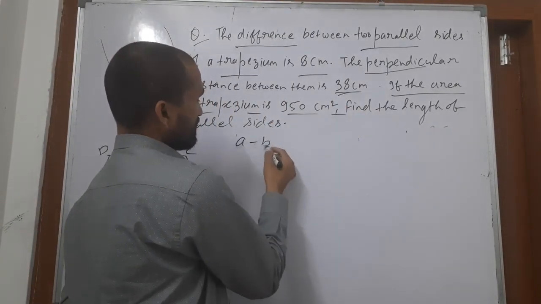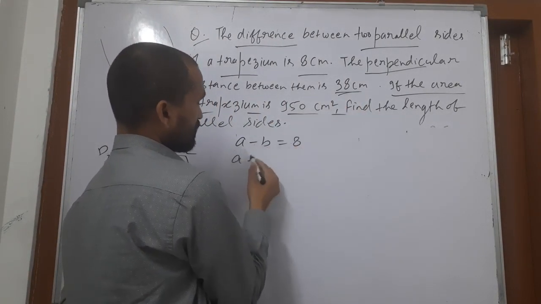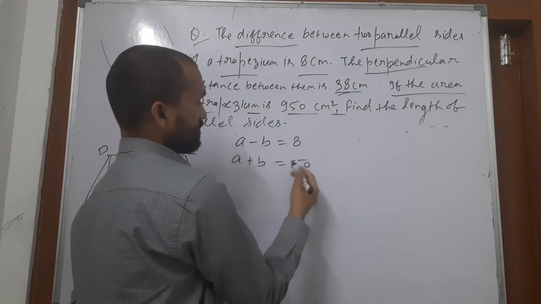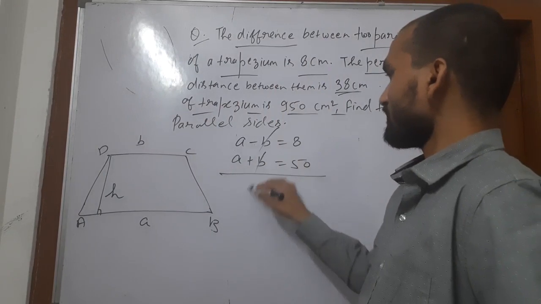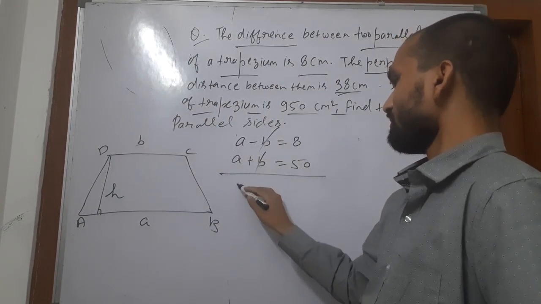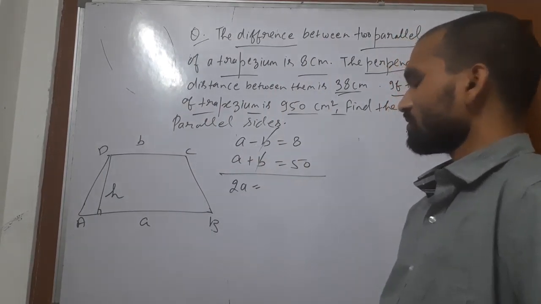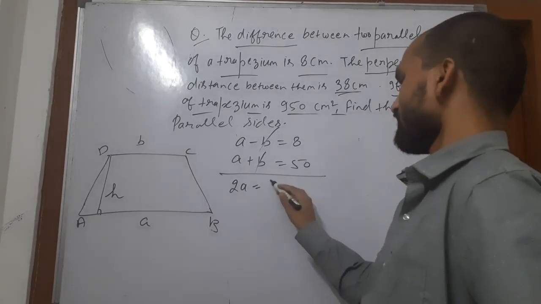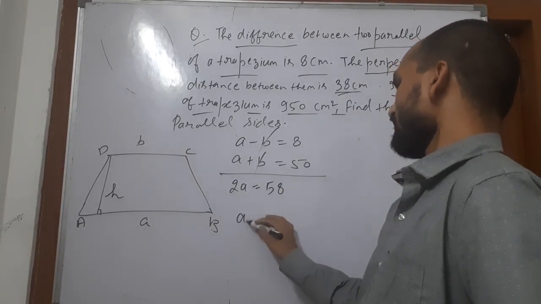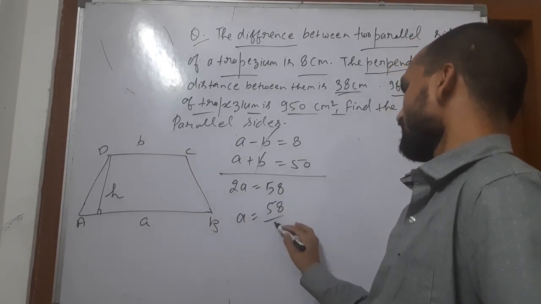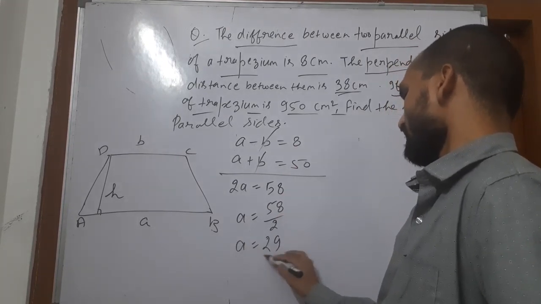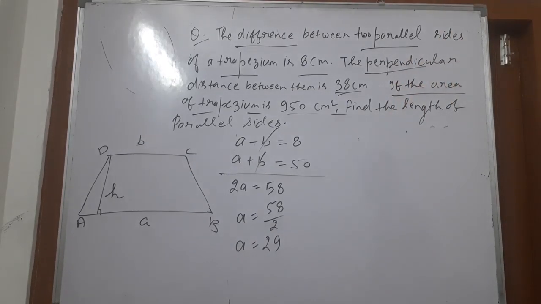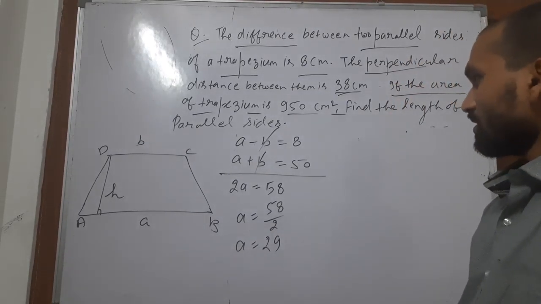We should add these two equations, then b will be cancelled out and a and a will be added. So 2a is equal to 58, divided by 2, that is 29 centimeter.